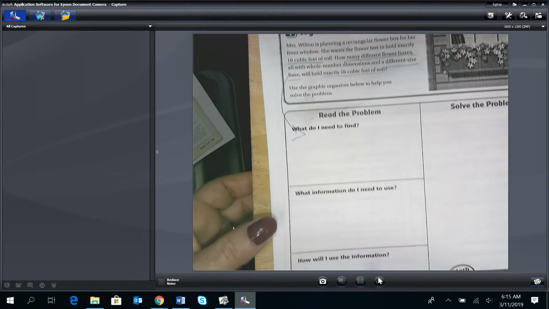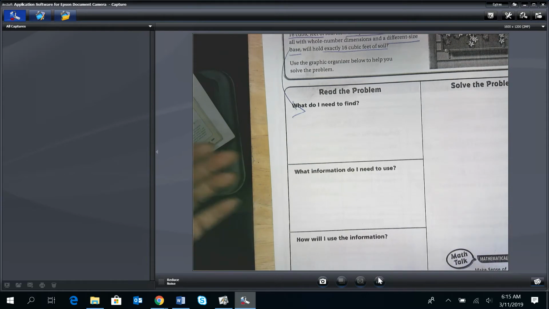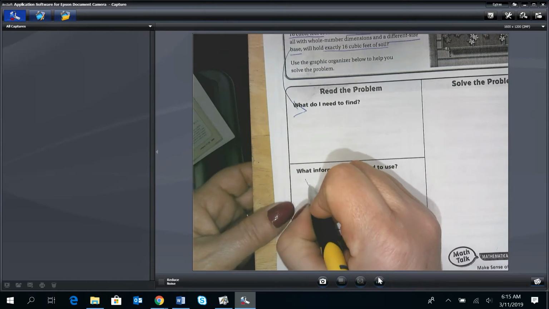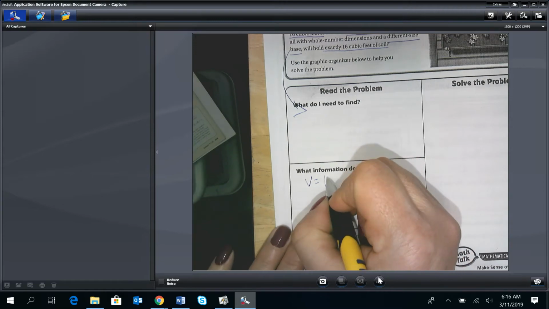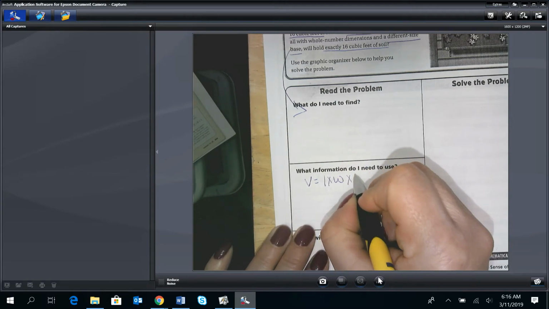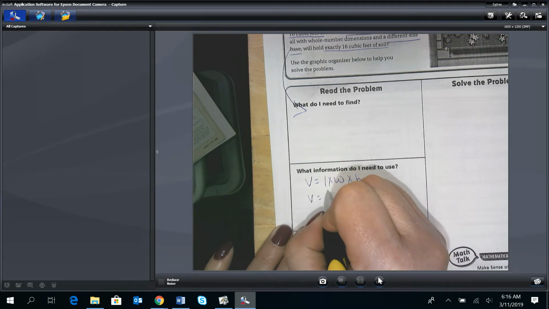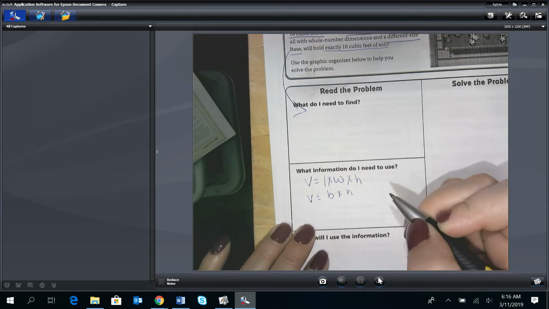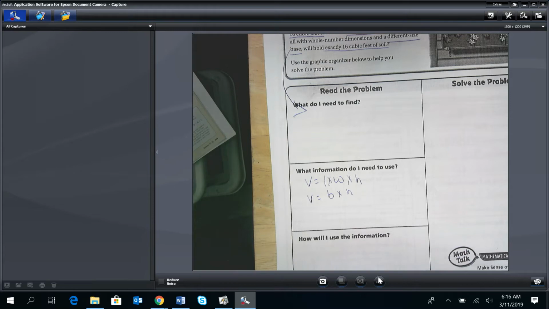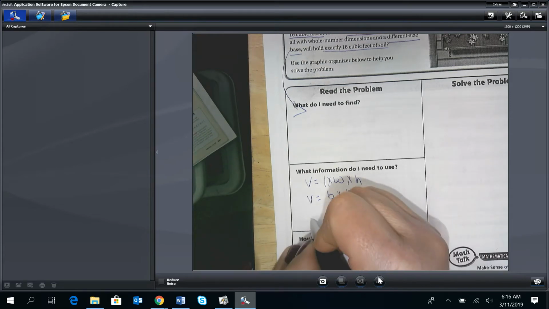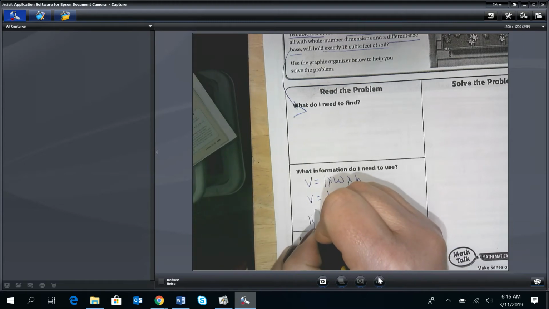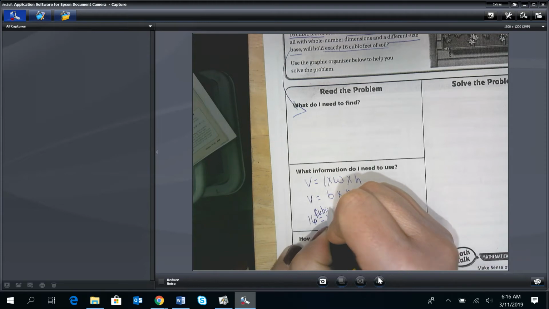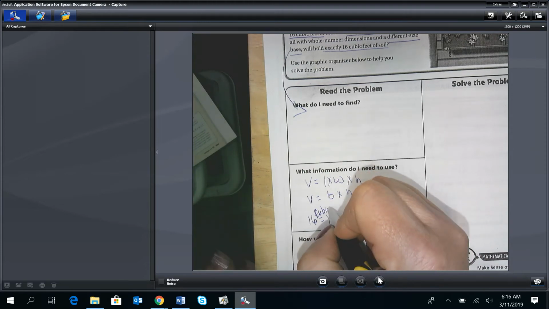What information do I need to know? Well, I need to know that volume equals length times width times height, or volume equals base times height. And I need to know that the volume equals 16 cubic feet.